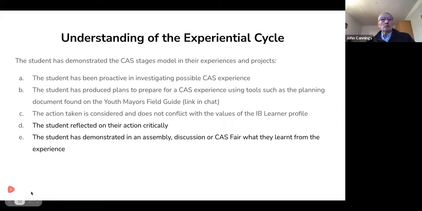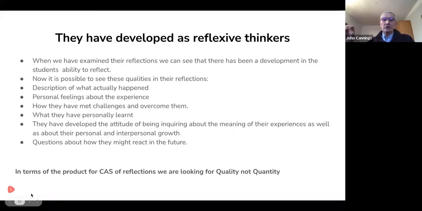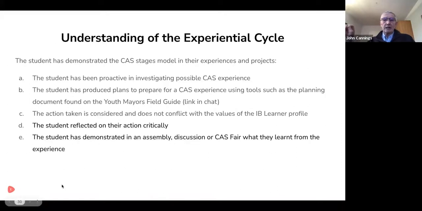And one of the things which I would say is a fantastic resource if you've never used it, and the link is going to appear in chat, is the Youth Mayor's Field Guide. There's a lot of resources in there, and it's really worth exploring. And I think one of the most useful things, particularly for preparing kids for CAS experiences and projects.